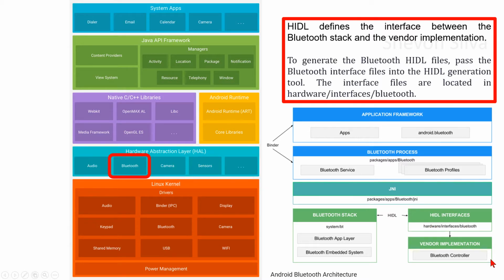Vendor devices interact with the Bluetooth stack using the hardware interface design language, HIDL, and HIDL defines the interface between the Bluetooth stack and the vendor implementation. To generate the Bluetooth HIDL files, pass the Bluetooth interface files into the HIDL generation tool. The interface files are located in hardware/interfaces/bluetooth.